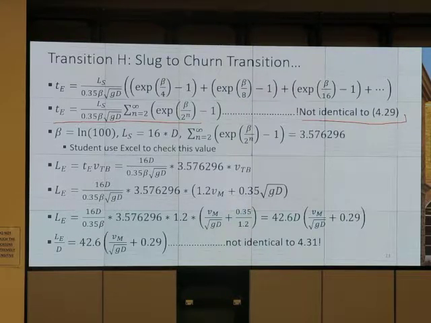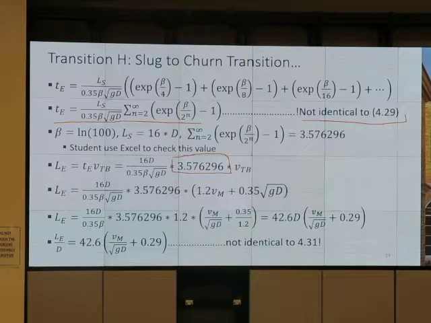After I emailed them, yes, there's a correction. So this is an infinite series. We have to do the summation from n equal to 2 to infinity of that expression. I did it and I got 3 point something. You can try it in Excel and see what you get.